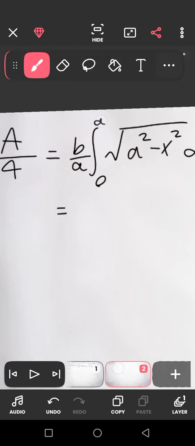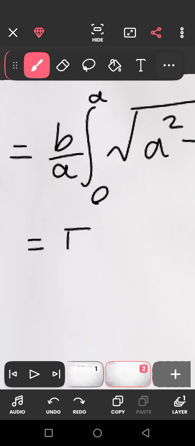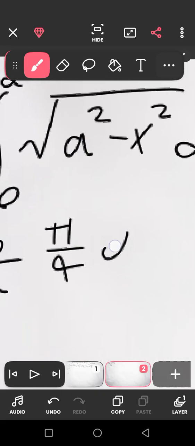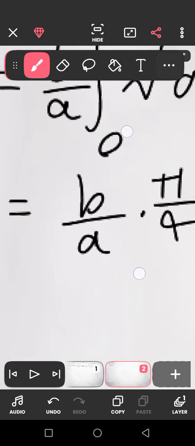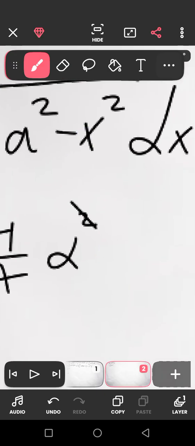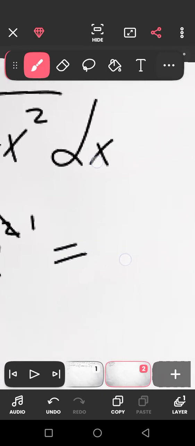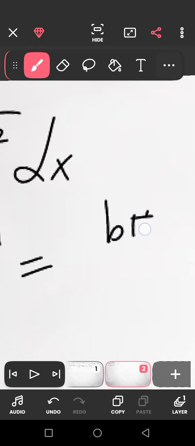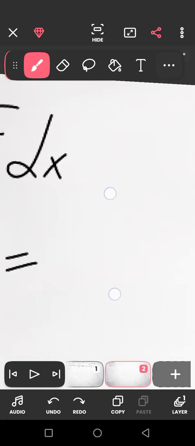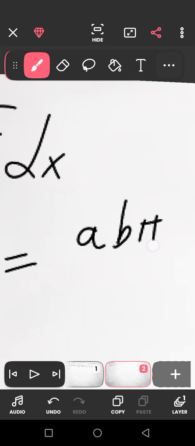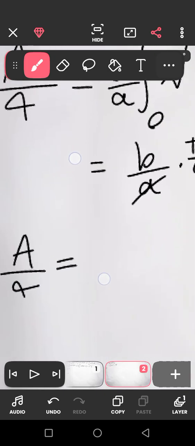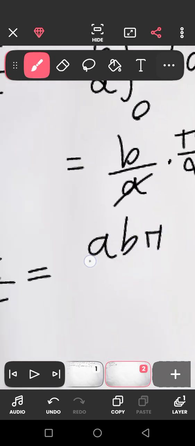The a cancels out, so A over 4 is equal to a b pi over 4.